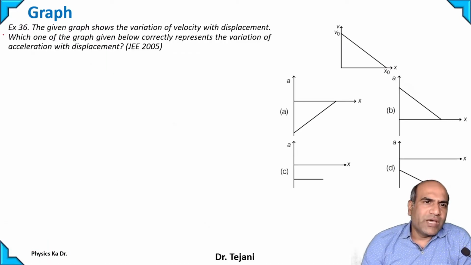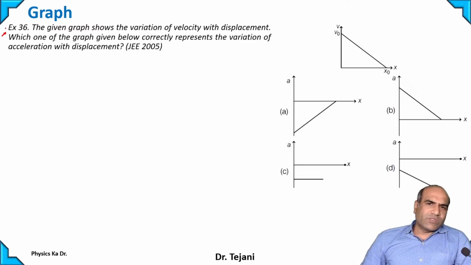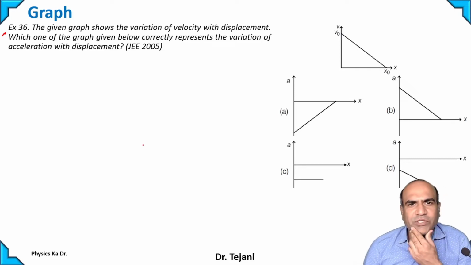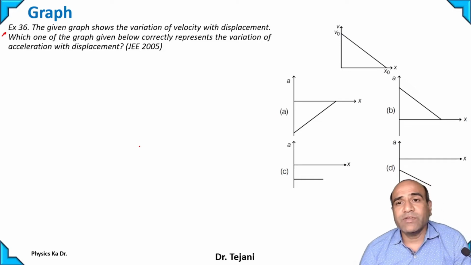So now we have example number 36, JEE 2005. The given graph shows the variation of velocity with displacement.